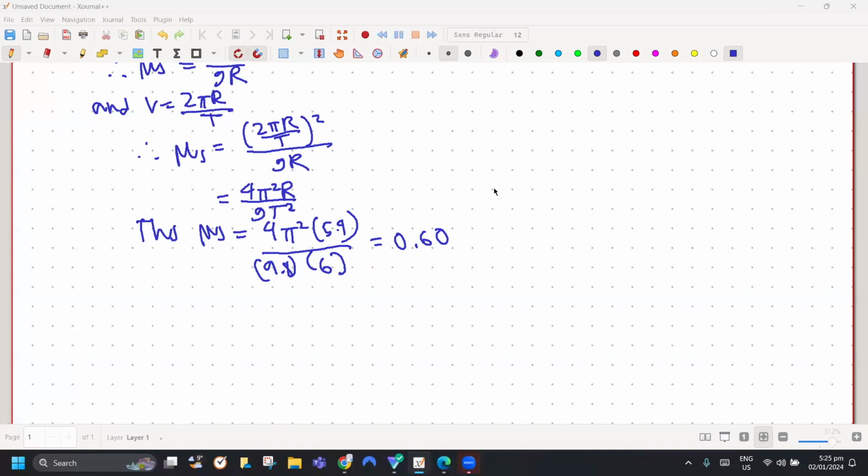Ang nakukuha ko, 3.62. Hindi 0.6. 4 pi squared 5.4 divided by 9.8 times 6.